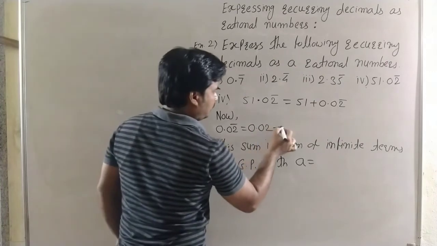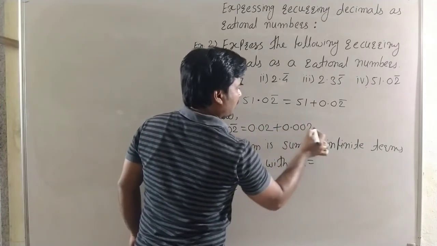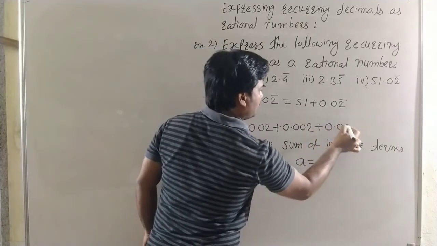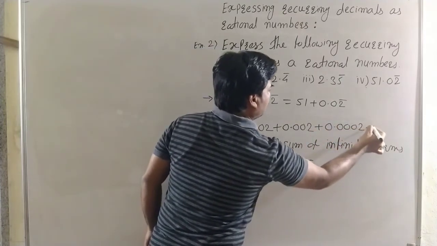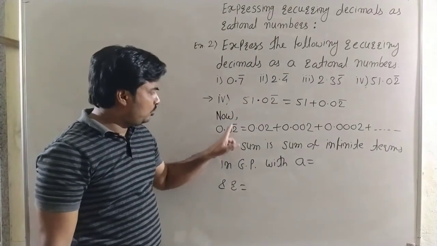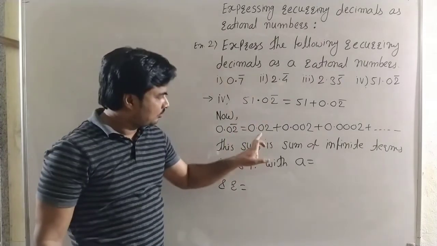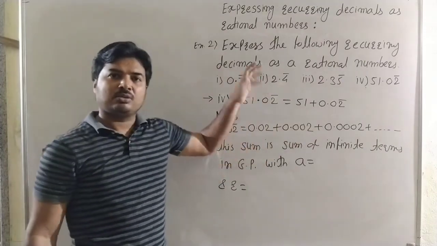0.02 plus 0.002 plus 0.0002 plus and so on up to infinite terms. It is 0.02 bar, it is 0.02222 up to infinite, and the addition of all the terms is also the same.